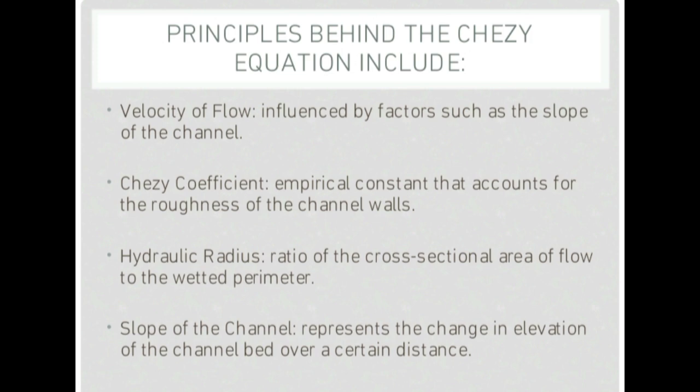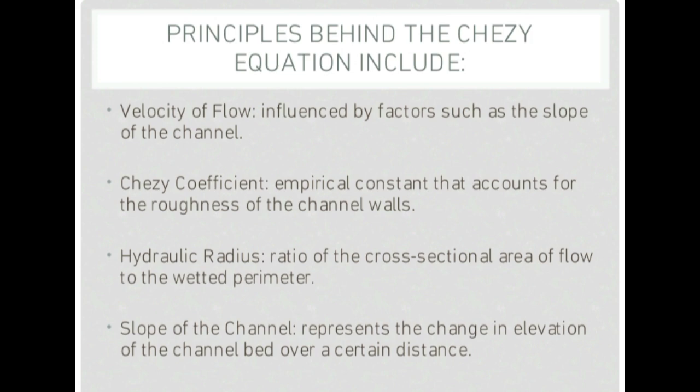Next, the Chezy coefficient, which is represented by C. The Chezy coefficient is an empirical constant that accounts for the roughness of the channel walls and other hydraulic factors. It is determined experimentally based on the characteristic flow and the material of the channel.